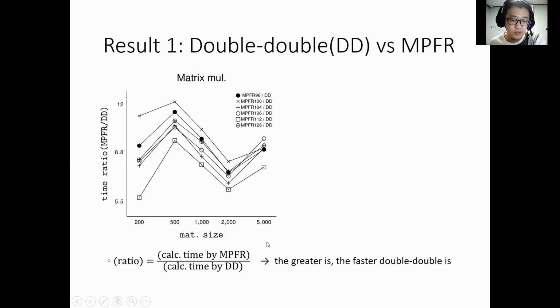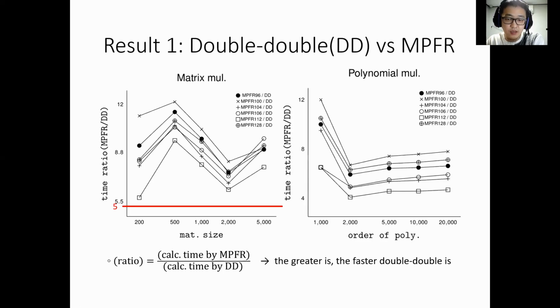We can interpret this graph by putting this number 5 and say that all the time ratios are plotted over the number 5. That means double-double runs faster than MPFR at least 5 times.